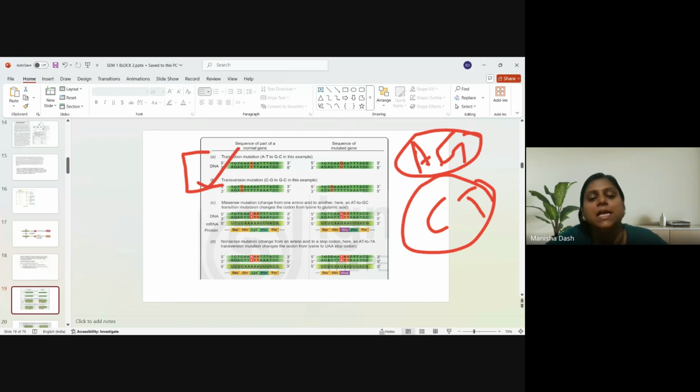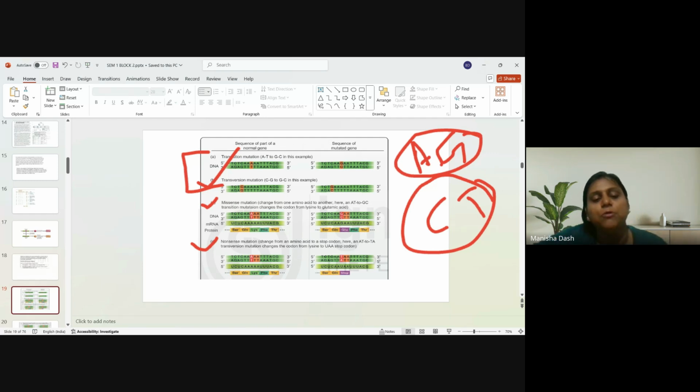Then, based on how they affect the amino acid sequence, four different types of mutations are there. One is called missense mutation, then nonsense mutation, then silent mutation, and neutral mutation. Missense, miss means always something wrong.